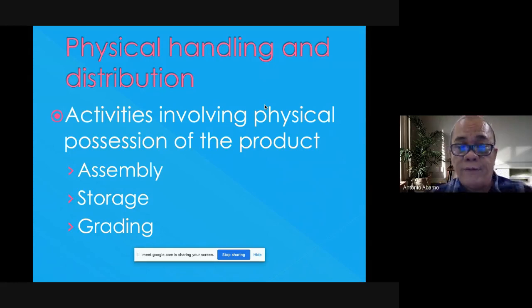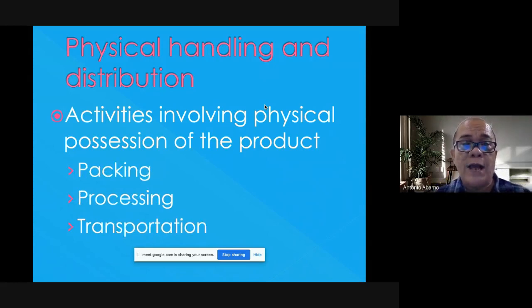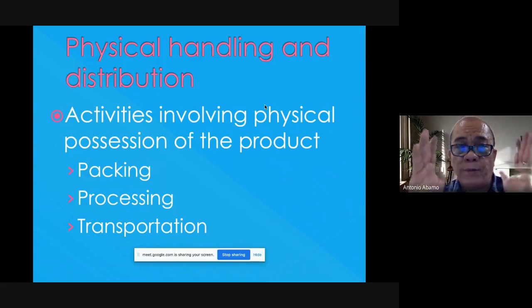So there is physical handling. Maybe you sort out and then you pack, and you classify which is small, medium, and large, so that maybe from the farm you bought it ungraded. Now in your hands, you grade, you sort, and then separate according to sizes, and then you bring that to the market for more margin that can be generated from your activity.